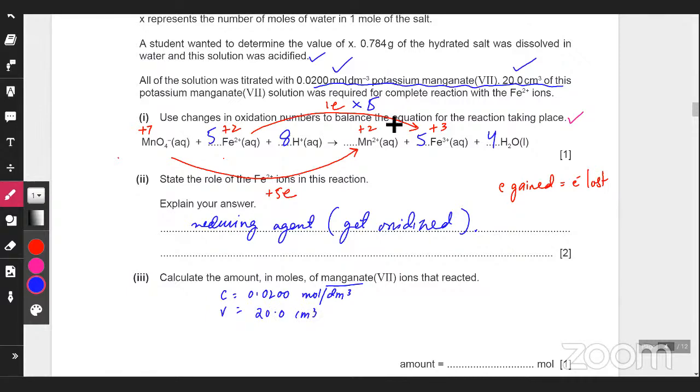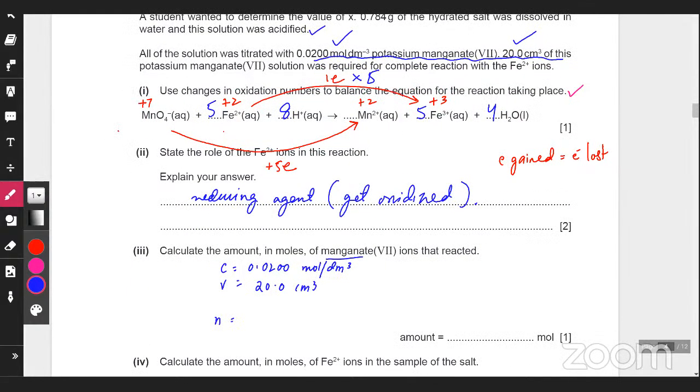So we'll try to find the moles. Moles would be concentration times volume. So 0.0200 multiplied by 20.0 divided by 1000. It should be in dm cube, and the moles would come out to be. Let me just. So does anyone else have a calculator?